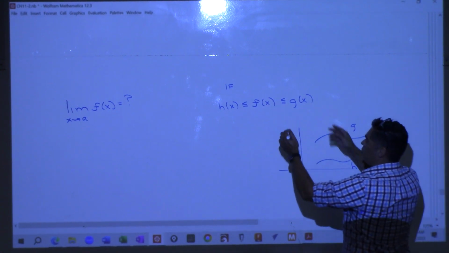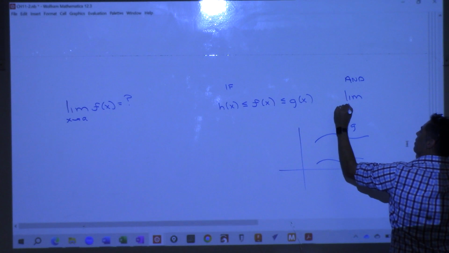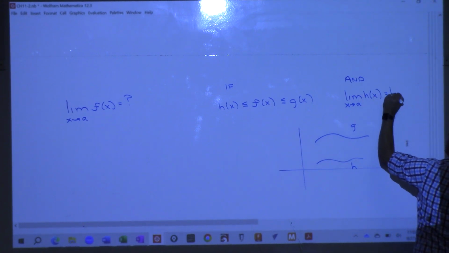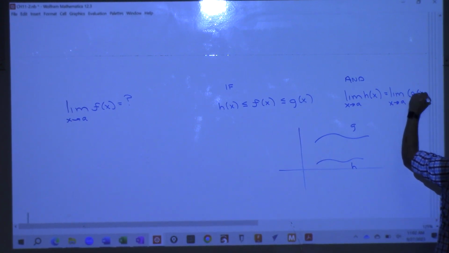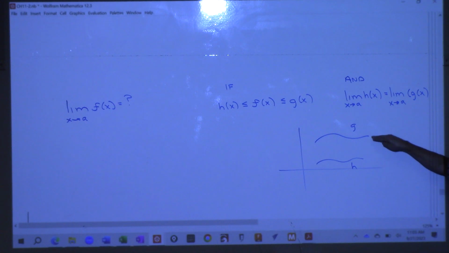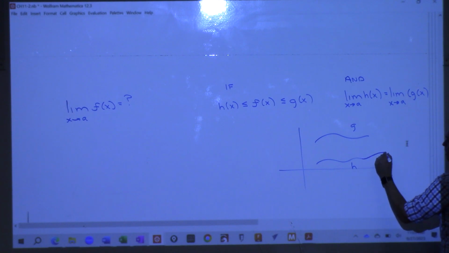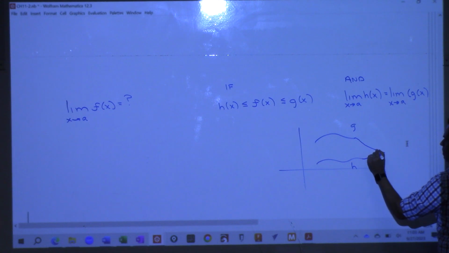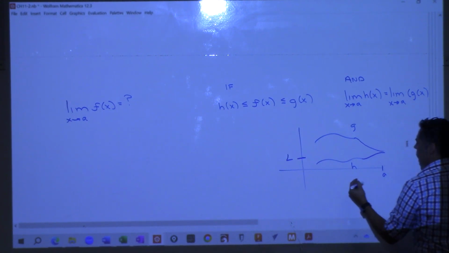And if that's true, and we have that the limit as x approaches a of the h function is equal to the limit as x approaches a of the g function. In other words, if these two functions h and g go to the same place as you approach a, here's a, let's say h approaches something here, and g also approaches the same value. So this right here would be whatever that limit is.